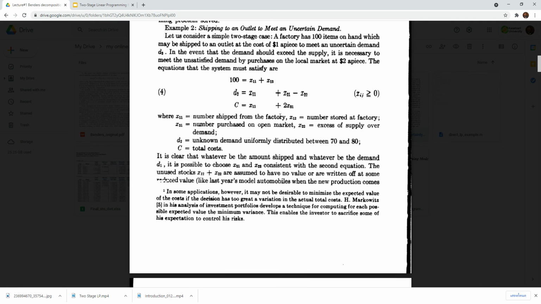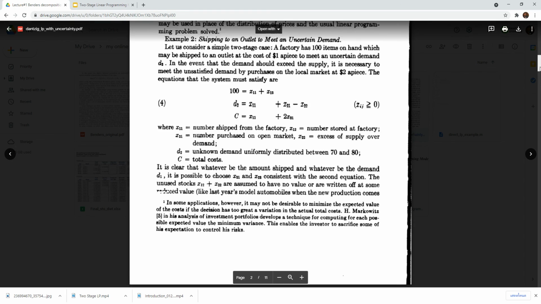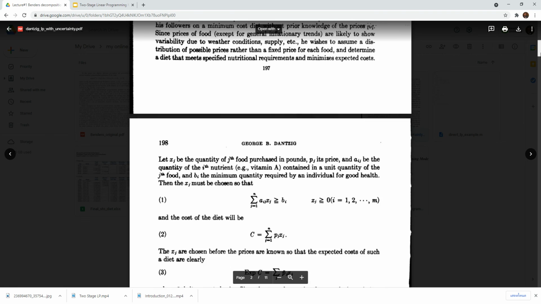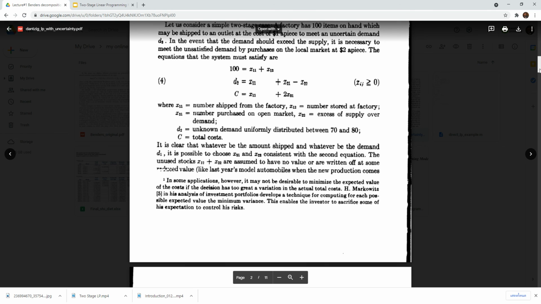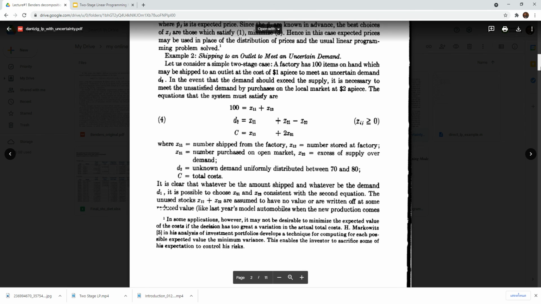Discretization means that we try to approximate the continuous case, the continuous domain space, to a finite domain space. Here we expressed the detail of these two examples from the paper of Dantzig, to be able to illustrate and give you more sense.